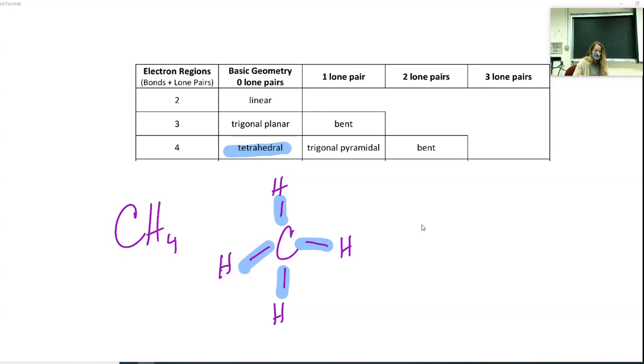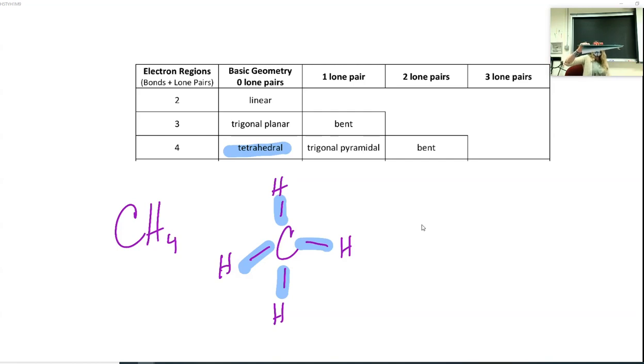Now, what if there's 4 electron regions, but one of them is a lone pair? So imagine if I take my tetrahedral and I remove one of the bonds. Well, right now, I still have a lone pair of electrons up here, and I've got 3 bonds. So I still have my 4 electron regions, but now the lone pair up here, you have to imagine it, it is pushing those bonds away. So I don't know if you guys can see this.